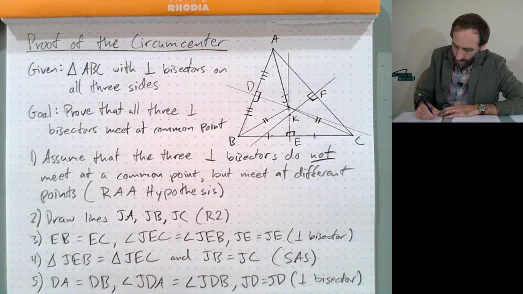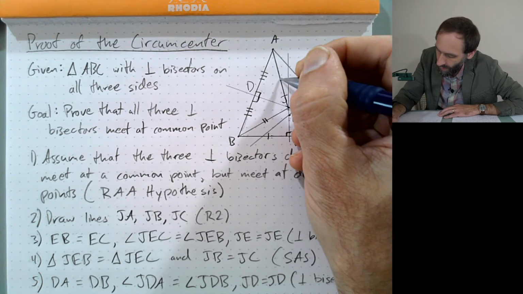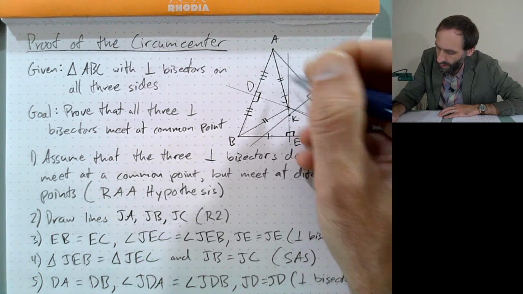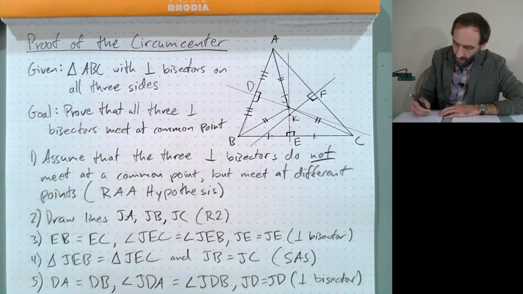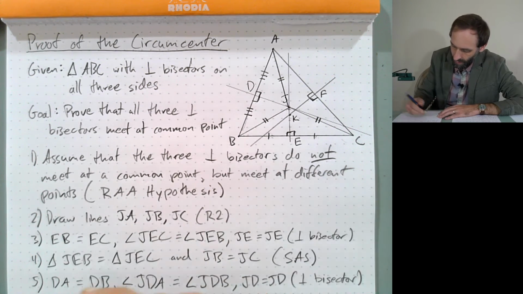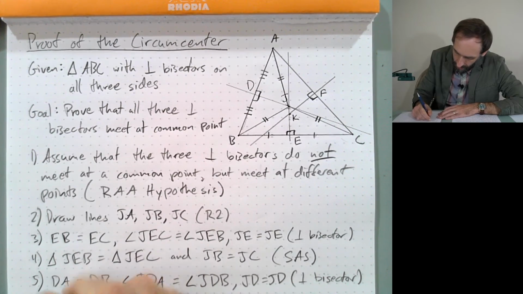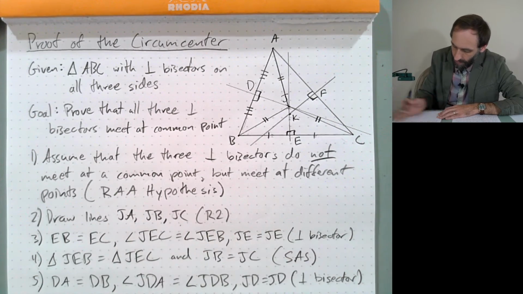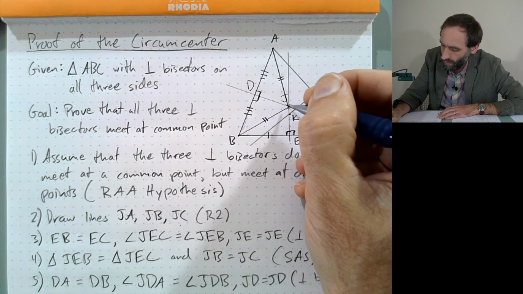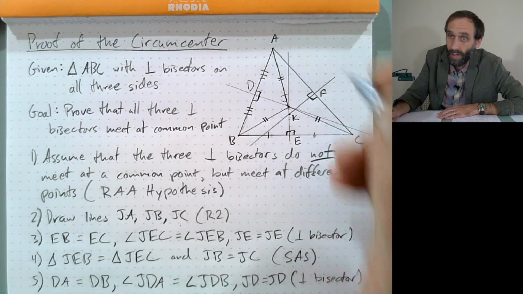Okay, so now step 6, we can say, well, wait a second, then this length JA is equal to JB. Let me actually specify the triangles first. So let's write the triangles first. So triangle JDA.